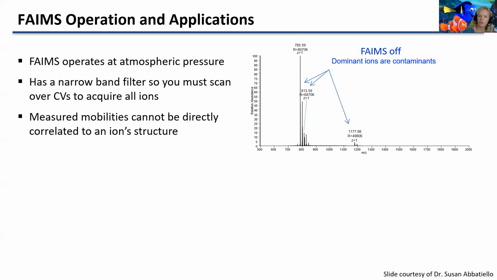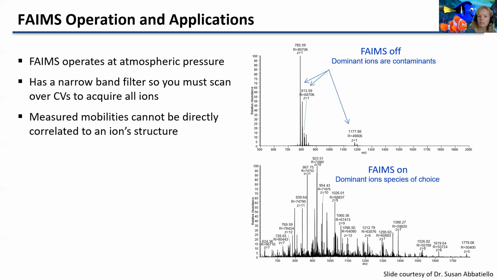And she was hoping there wasn't any ionization suppression due to these +1 ions. And so what she did though is she turned her FAIMS on, and she was able to get rid of those +1s and then focus on higher charge states of her proteins. So we can see her proteins are mainly in +6 to +11 charge states. And she was able to go to a CV area that was excluding the +1 ions and making those hit the electrodes, and only letting the higher charge states get through that slit.